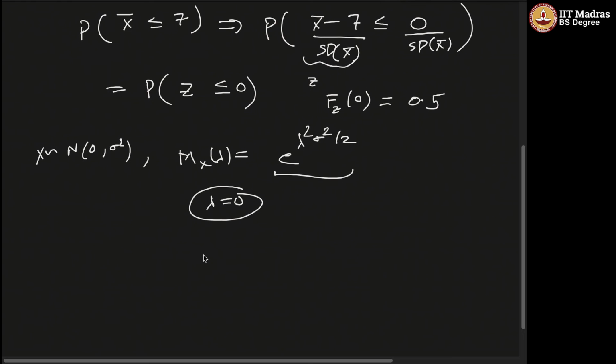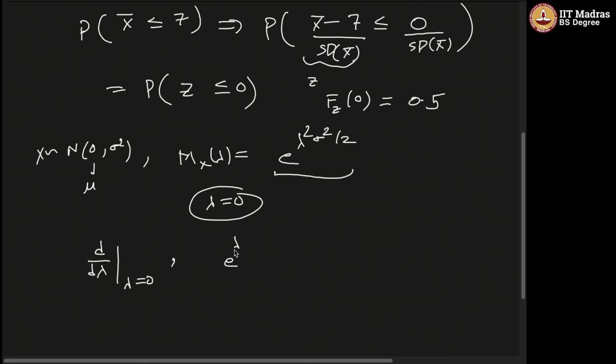So for example, you have to find the first moment. You will differentiate it with respect to lambda, and then after that you put lambda equals to 0. We know that the first moment is just the mean. So we should get 0 as our answer because 0 is the mean here. To verify this, we can differentiate it.